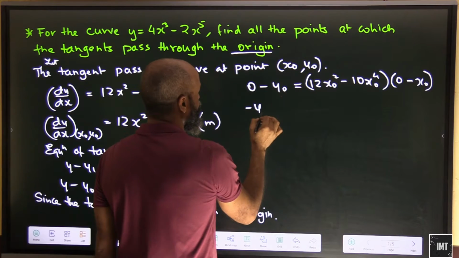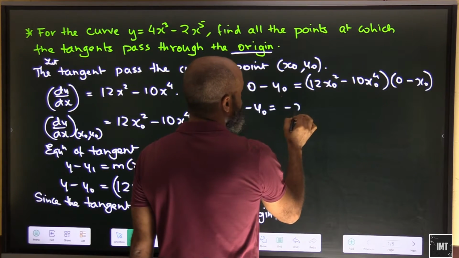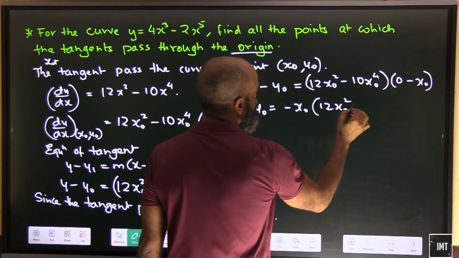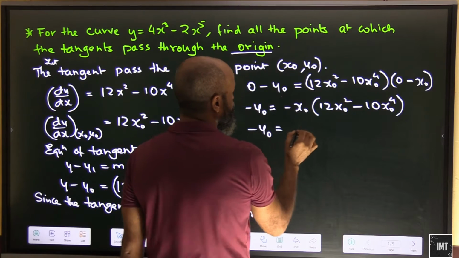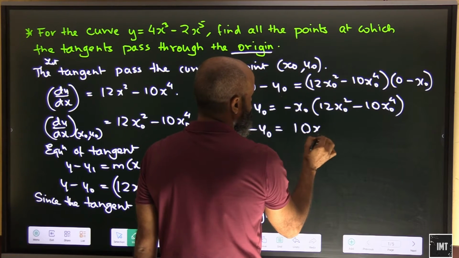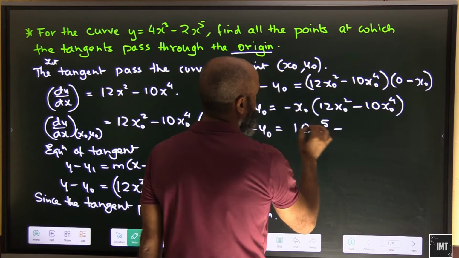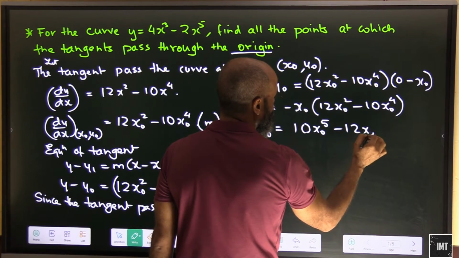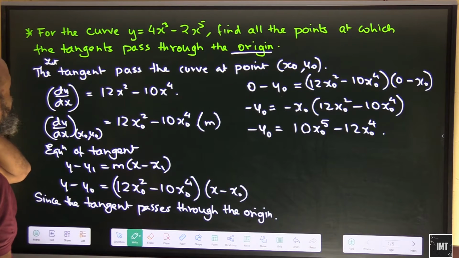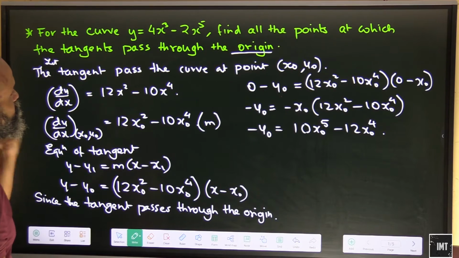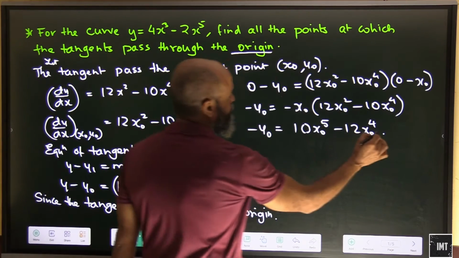So this is going to be minus y naught is equal to minus x naught into 12x naught square minus 10x naught raised to 4. Or we can say minus y naught is equal to 10x naught raised to 5 minus 12x naught cube. Okay, so this is what we get as equation 1.